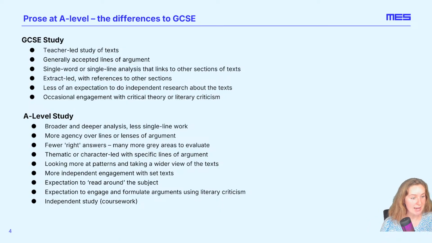Same with the analysis at GCSE. It's often single word, single line analysis. You know, "unsex me here," "full of scorpions is my mind" for Macbeth. You spend quite a lot of time on those quotations, and you're focused on specific extracts.